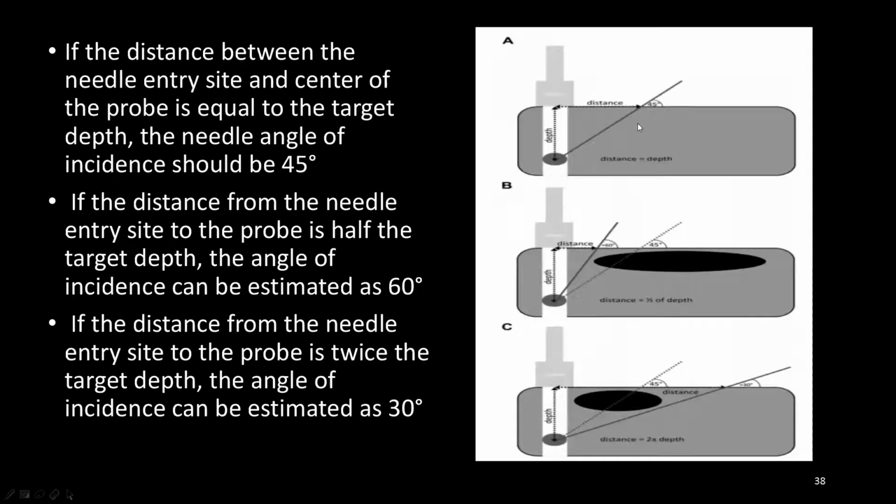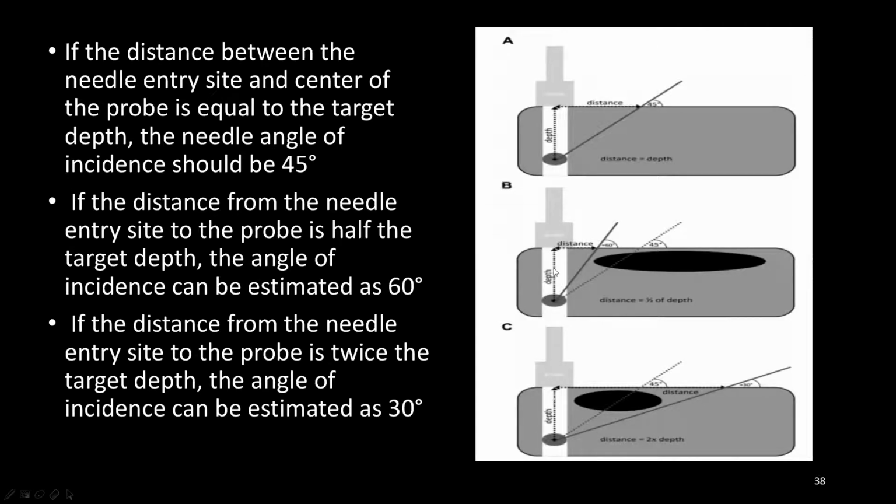Similarly, he gave us three points. If we choose the depth of the target and the distance, in case the depth and the distance are equivalent, then the needle insertion angle will be around 45 degrees.